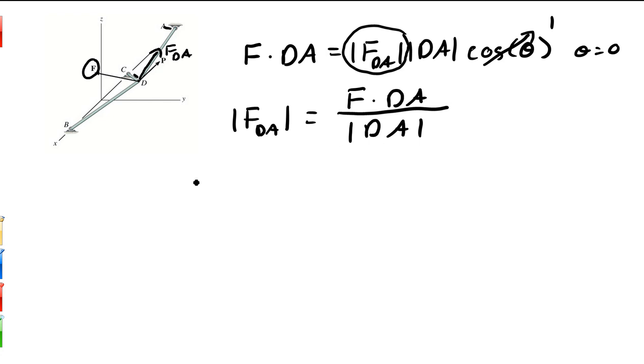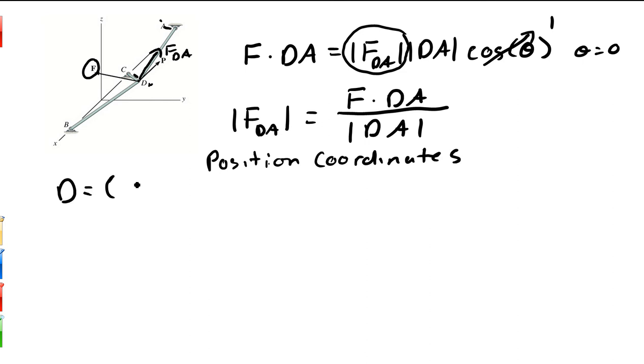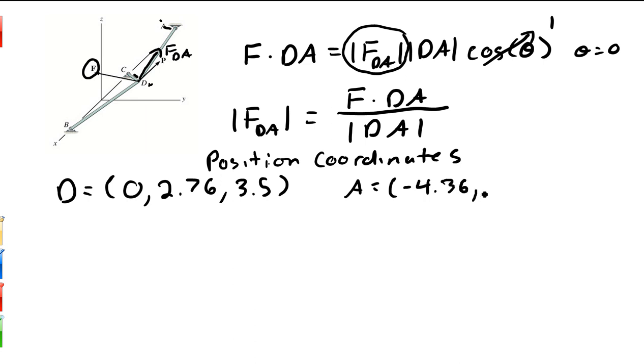To find the position, we are given 2 points: the point A and the point D. So our position coordinates: D is equal to 0, 2.76, 3.5, and A is equal to negative 4.36, 3.63, and 4.26.